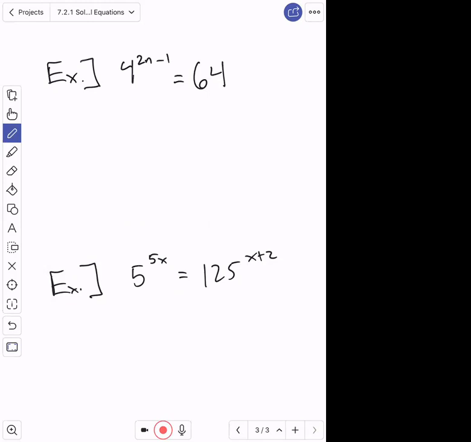So you have to get 64 to be the same as 4. Yeah, you want to change 64 to base 4. That's exactly right. So 64 would be 4 to the power of what? And this you can check on a calculator, but just how many times do you have to multiply 4 by itself to get 64? So 4 times 4 is 16.